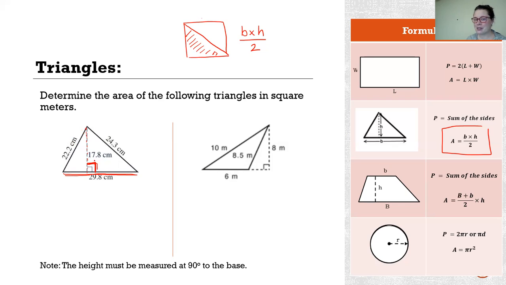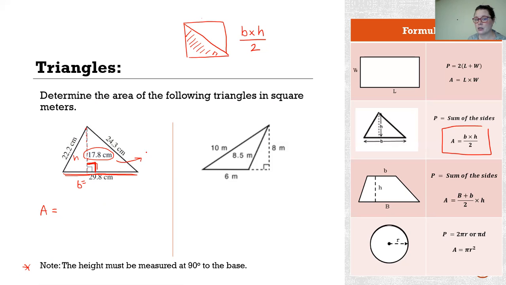So now that we have that, we have our base as a measurement on the bottom. This 17.8 is the height of our triangle. It's measured straight up from the bottom. So that's what this little note down here is about. In order to calculate our area, it says to do the area in square meters, so we have to do a couple conversions here.